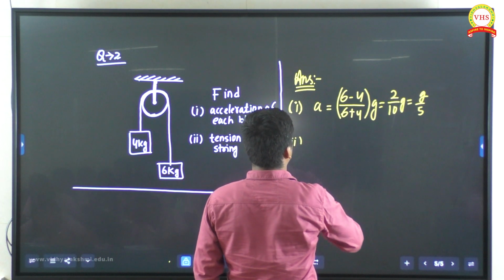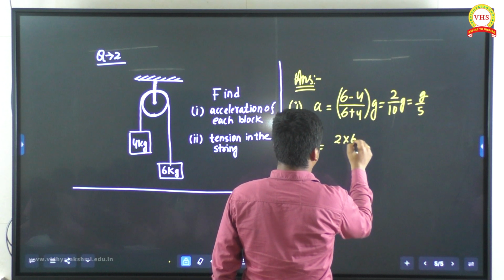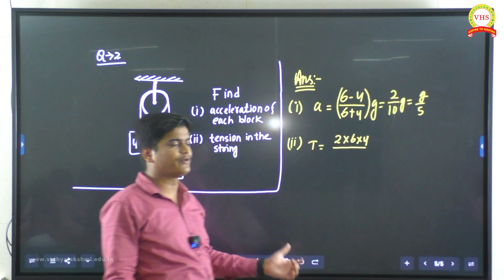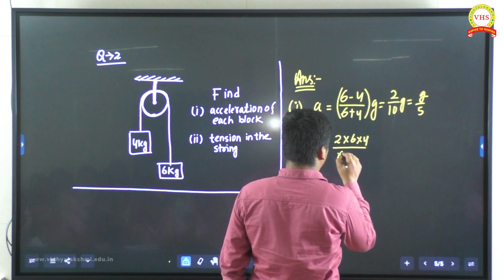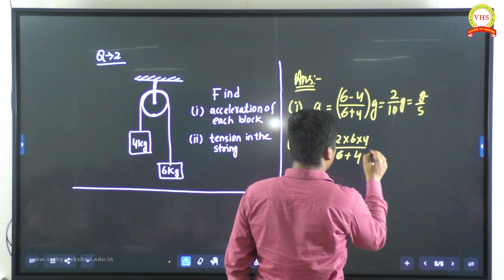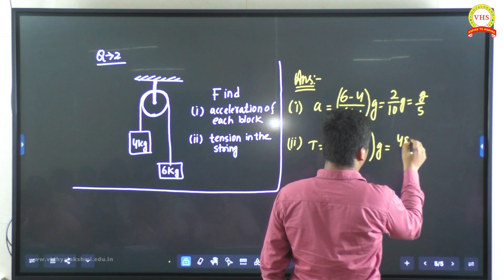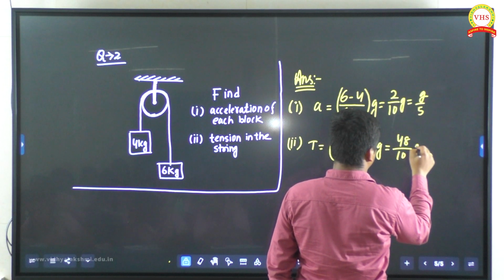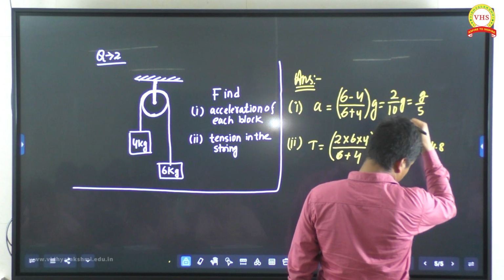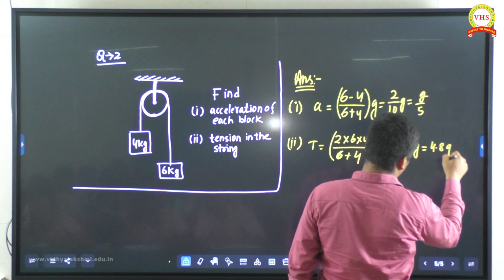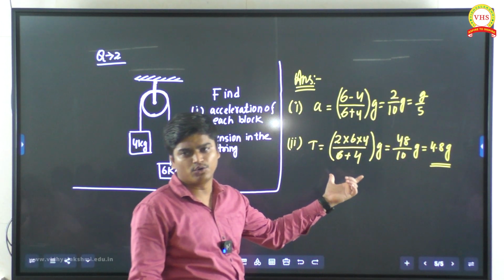Now second, I write tension. Calculate the same way: 2 times 6 into 4. Why 2 times 6 into 4? Because the formula is 2 M1 M2 divided by 6 plus 4, into G. So now calculate: 8 into 6, 48 by 10 G, or basically you can write 4.8 G. So this is this much in Newtons. If you take G value as 10, 48 Newton will come.